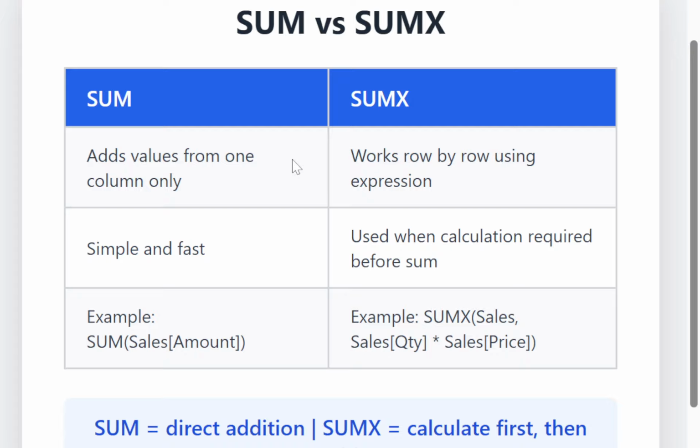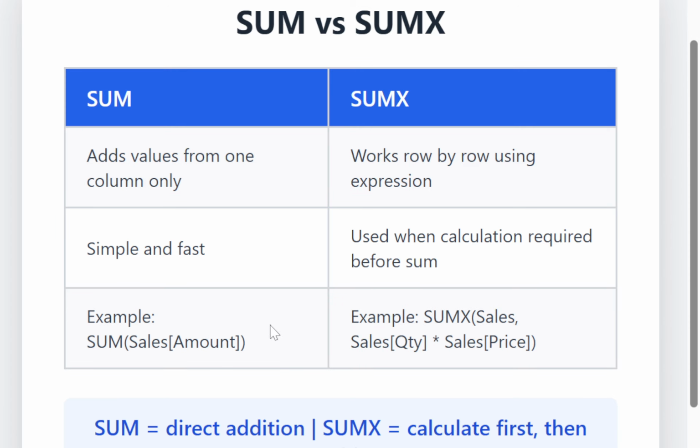For example, we are adding profit and the cost. Okay, we are adding these two values. First it will add profit to cost, and then we'll do the sum as an aggregation. SUM is simple and fast, and SUMX is used when calculation is required before the sum.